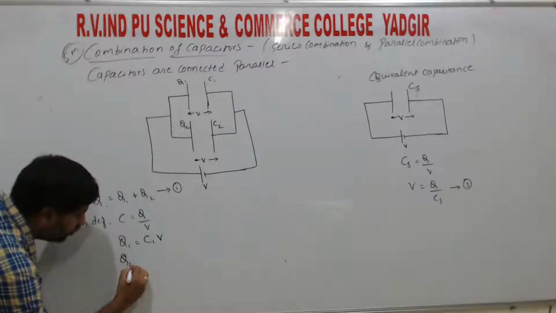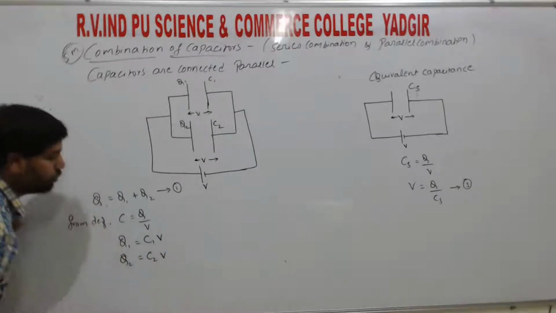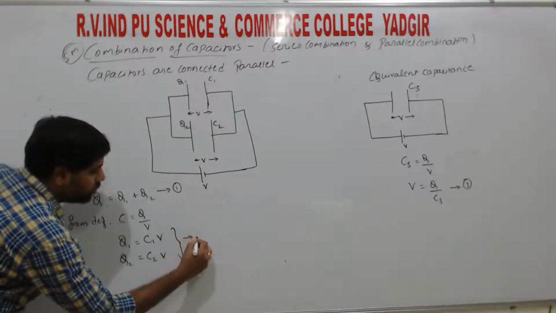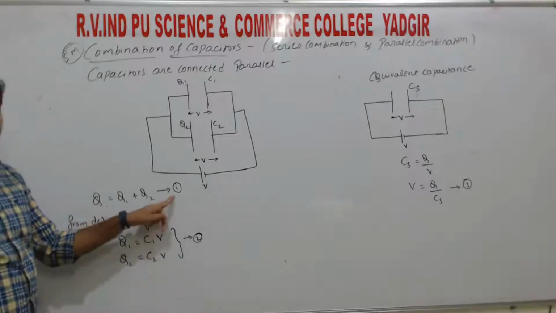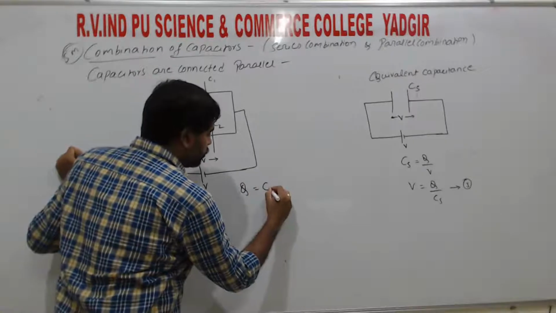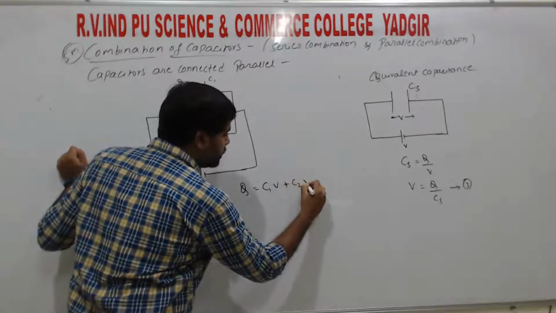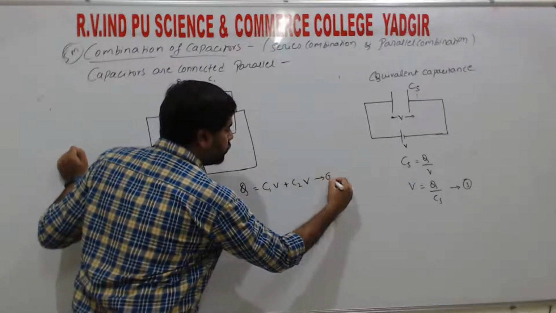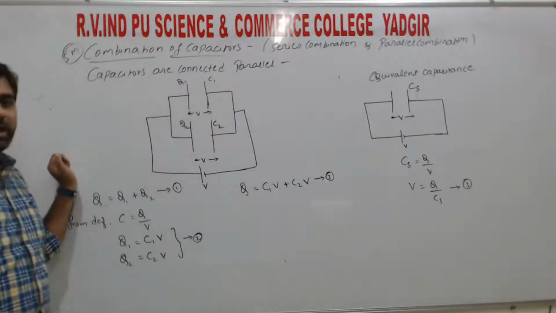Similarly, Q2 is equal to C2 V. Calling this equation 2. Substitute 2 in 1, so Q is equal to C1V plus C2V. Calling this equation 3.